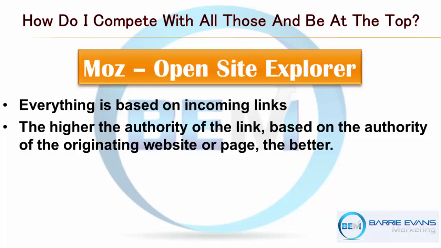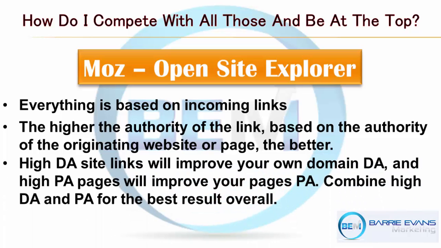The higher the authority of the link, based on the authority of the originating website or page, the better. High domain authority site links will improve your own domain's DA, and the high PA pages will improve your page's PA. Combine high DA and PA for the best result overall.